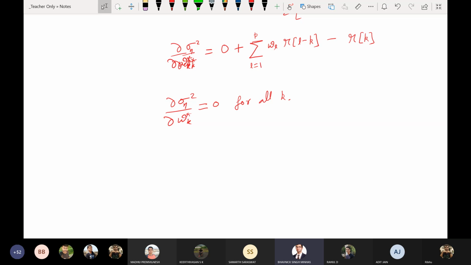Differentiating with respect to one number k, how are all of the other k's vanishing? Yes, sir. W1 and W2 are independent among themselves.